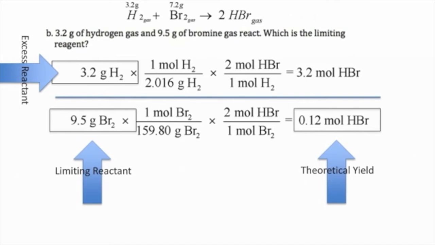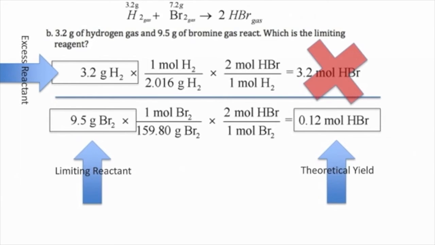That makes the 3.2 grams of hydrogen the excess reactant. In other words, when the 0.12 moles of hydrogen bromide is produced, all of the 9.5 grams of bromine will be consumed, but there will still be some of the 3.2 grams of hydrogen left over in excess.